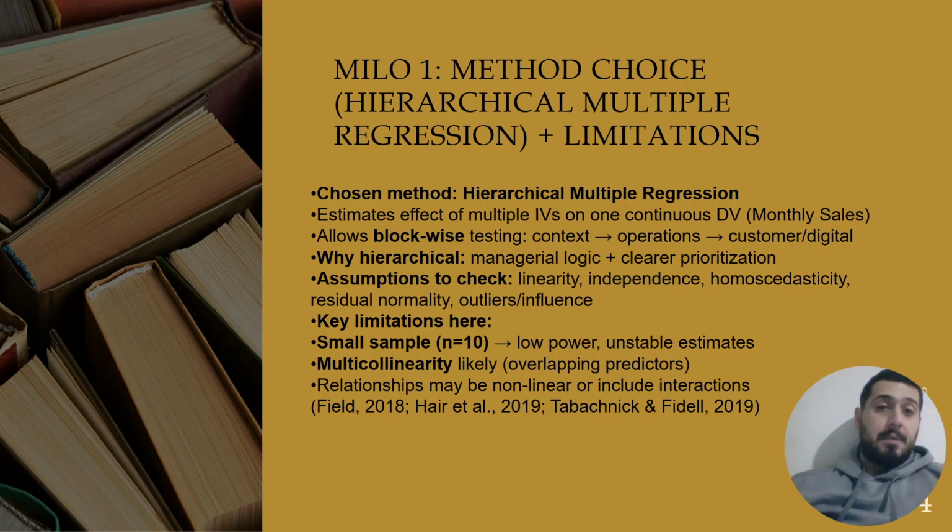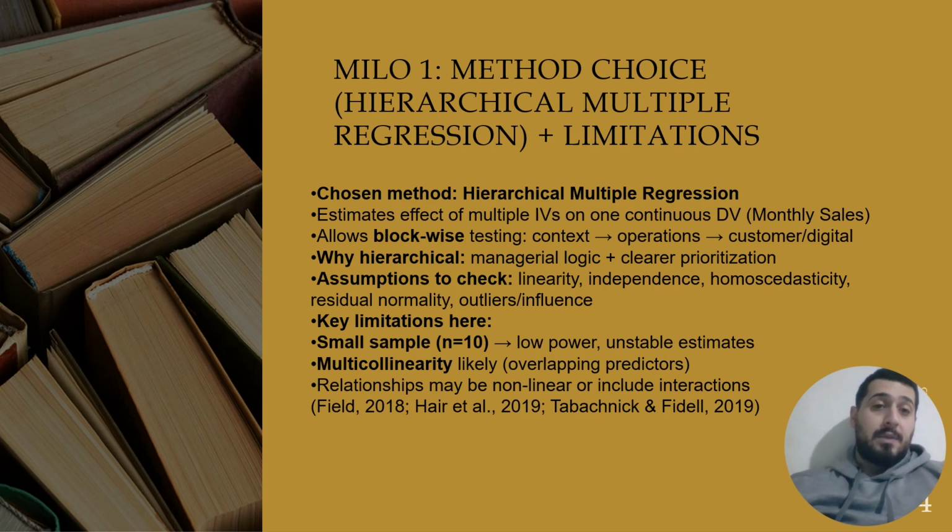This blockwise approach allows us to quantify how much additional explanatory power each block provides using change in R squared, while also comparing standardized coefficients to prioritize drivers. However, I would be explicit about limitations.